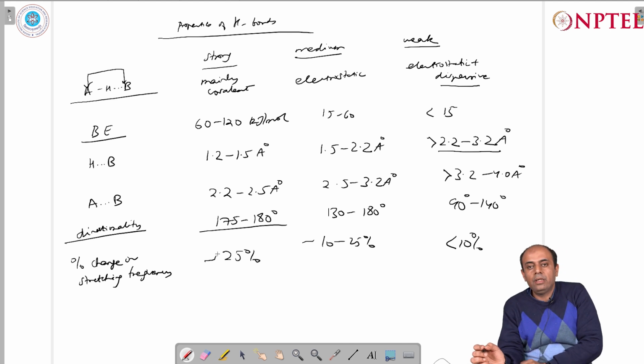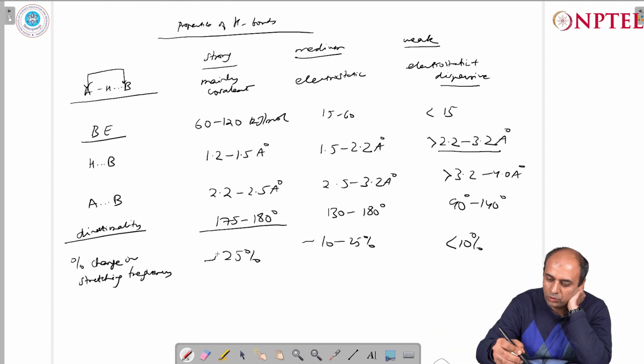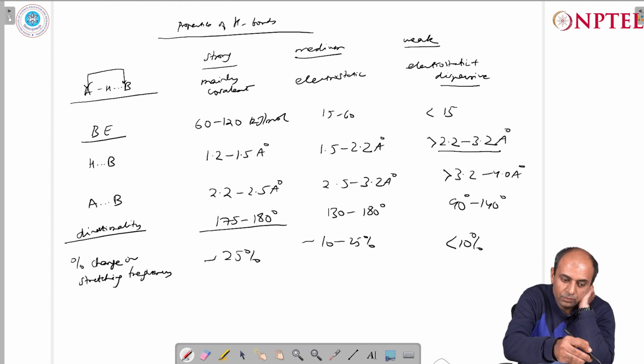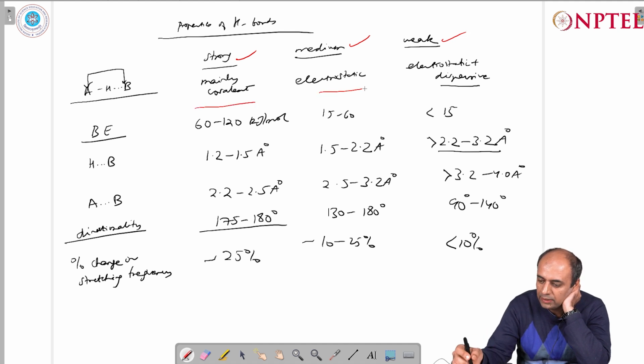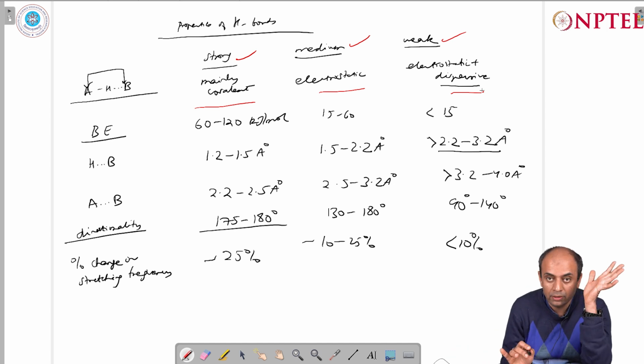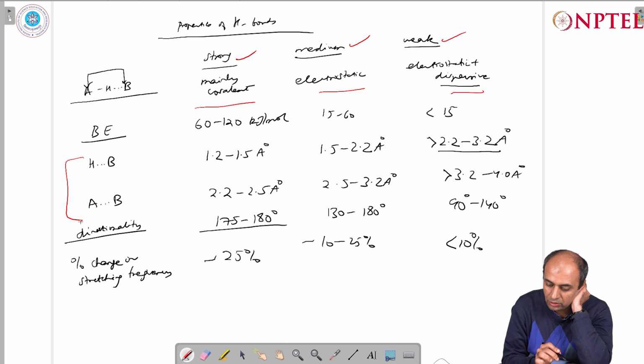So this table now nicely summarizes the properties of hydrogen bonds, starting from the strong hydrogen bonds to the medium to the weak, and the contributions like primarily covalent, electrostatic plus dispersion, and these very important geometrical data associated with hydrogen bonds.